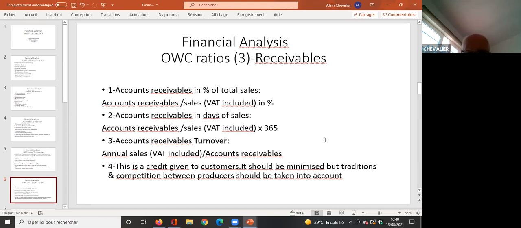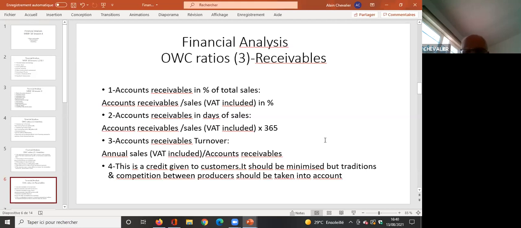The same ratio can show a result in days. Of course, in that case, it's not anymore percentage of sales, VAT included. It is days of sales, VAT included.